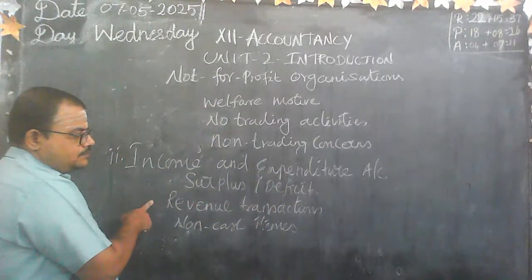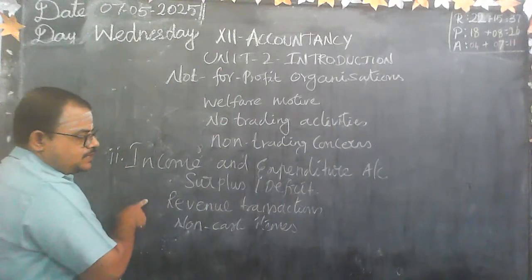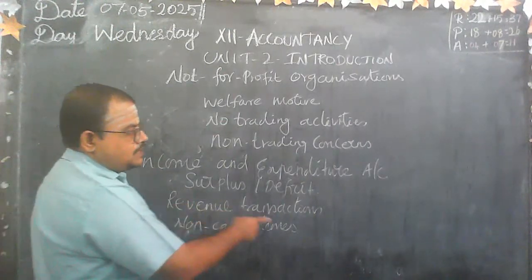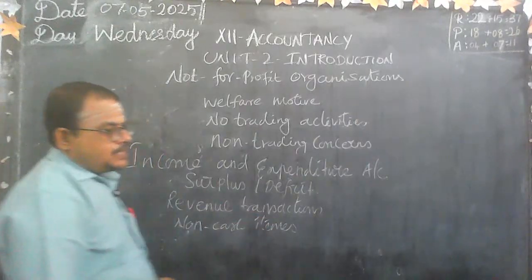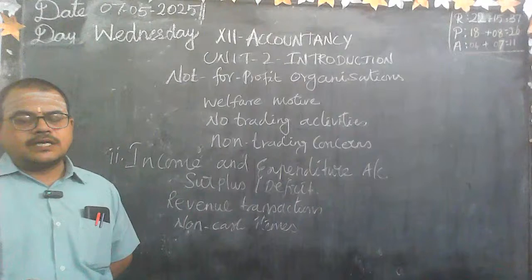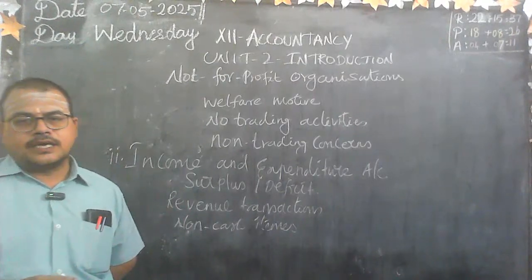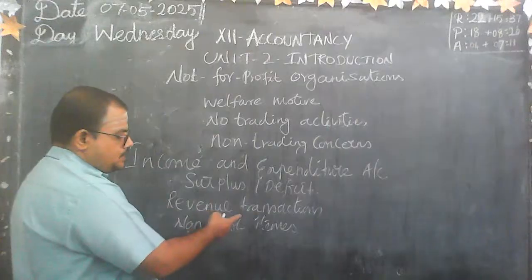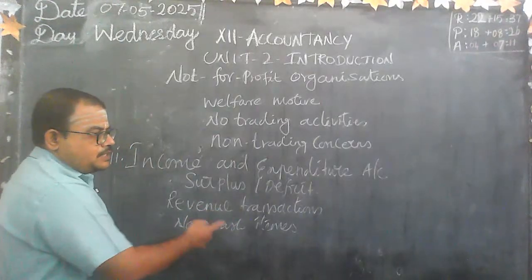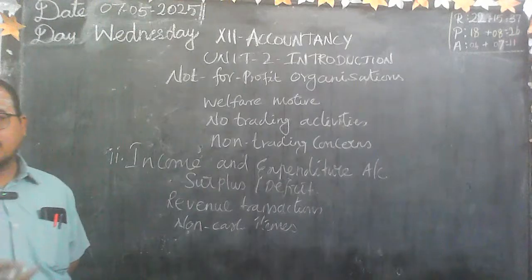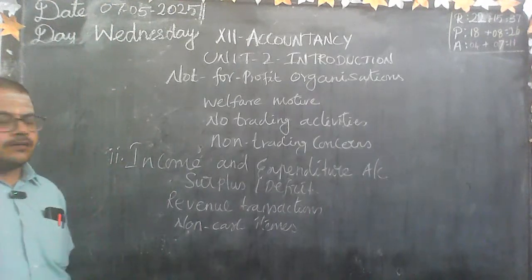This account only records revenue transactions. What do you mean by revenue transaction? Transactions that are recurring in nature are known as revenue transactions. And the non-cash items, depreciation, bad debts, provisions, and such things are recorded in this account.